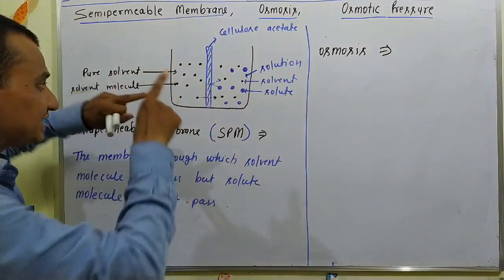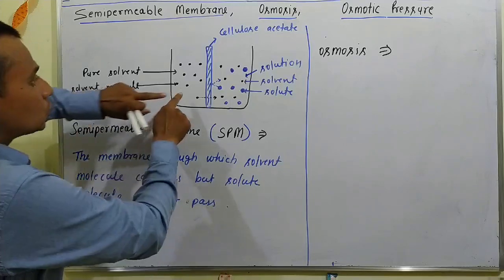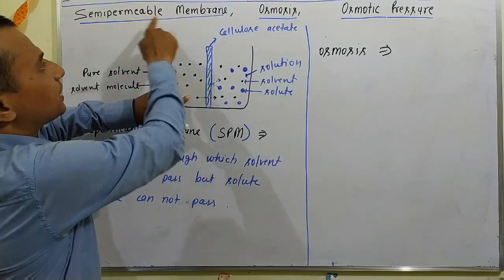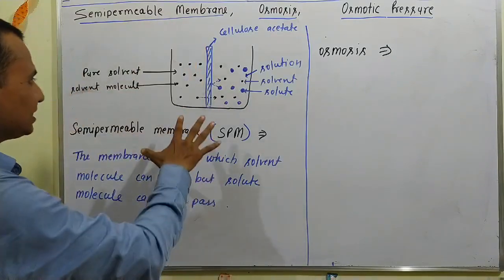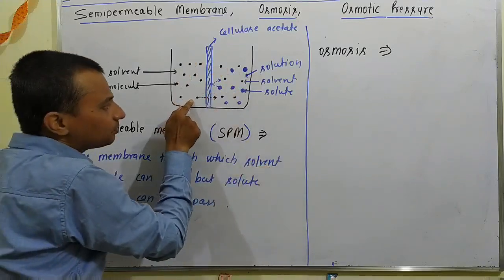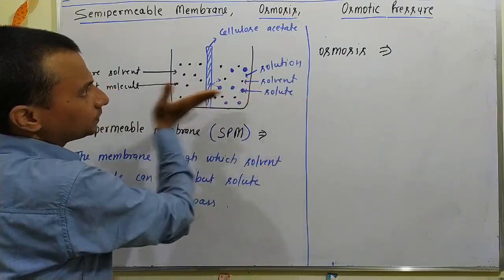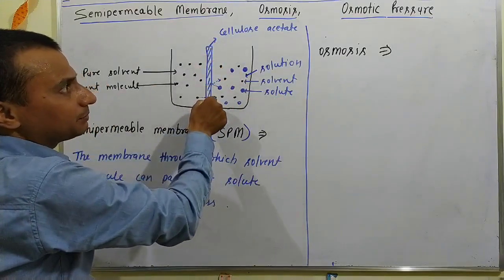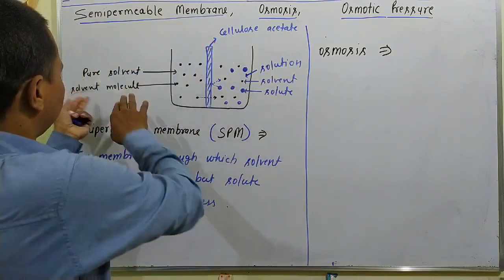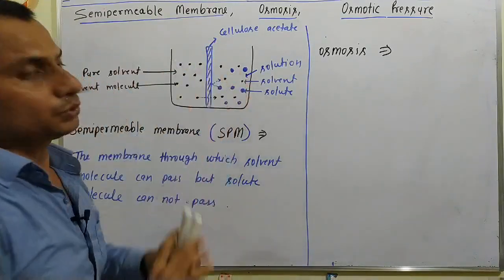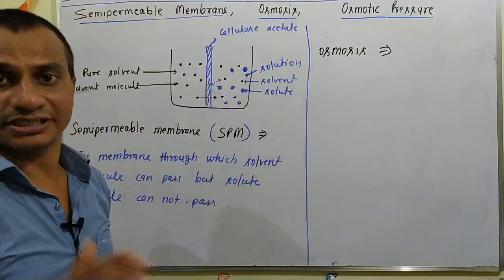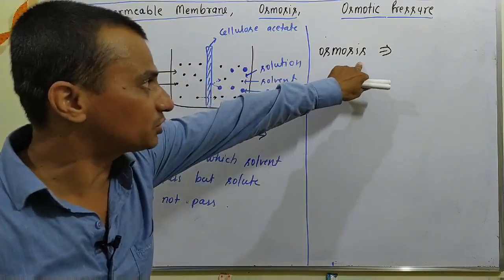Osmosis is that process in which solvent molecules move through semi-permeable membrane. In this experiment, solvent molecules pass through the semi-permeable membrane, and the direction is from solvent to solution, or dilute to concentrated. This is the direction.